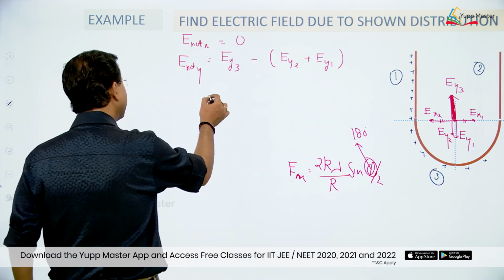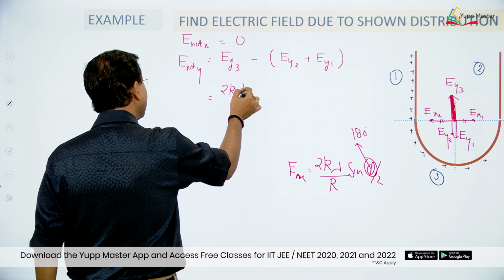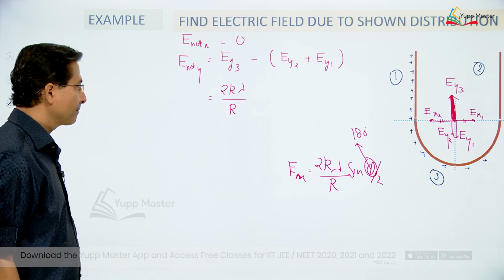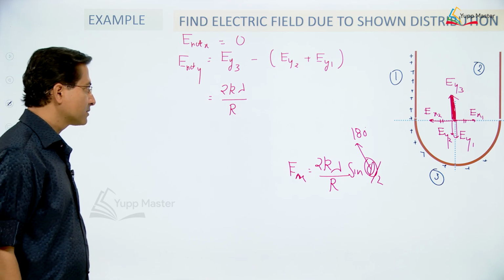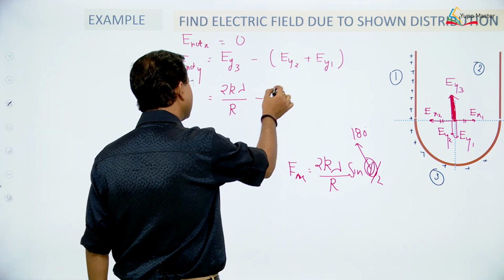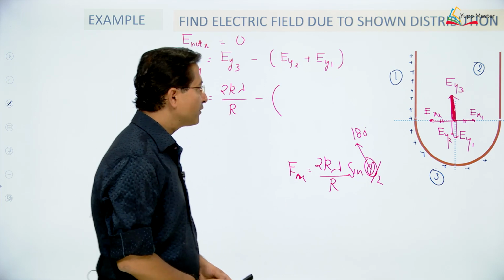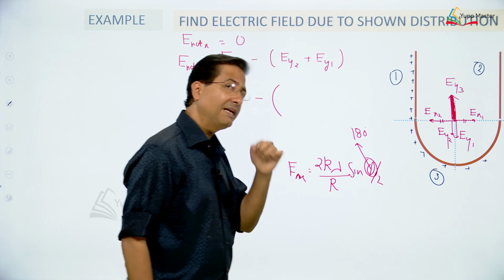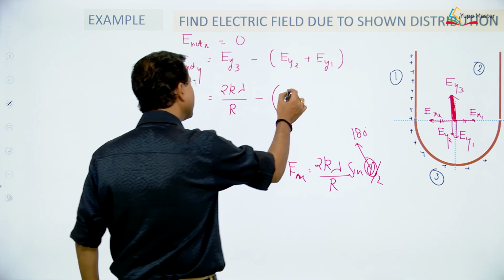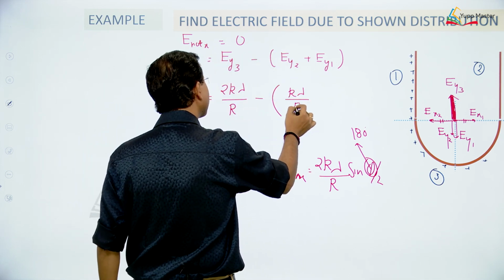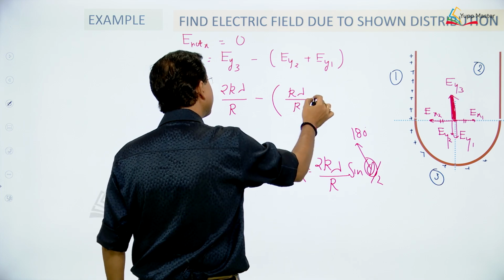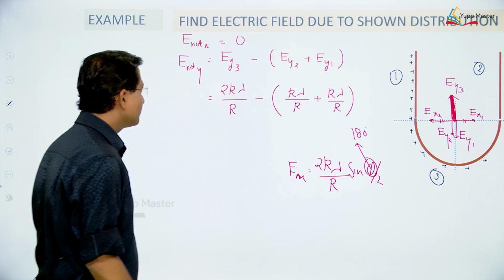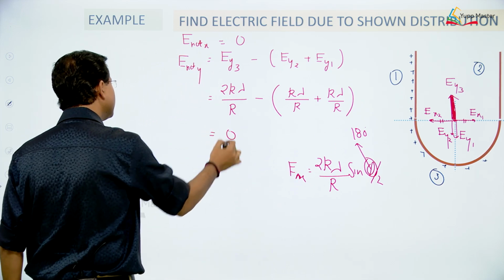So, I can write 2 k lambda divided by r, minus, due to the semi infinite wire, this y component, k lambda by r. So here I will write k lambda by r, this I will write plus k lambda by r. If you simplify, then what you will get? 0.